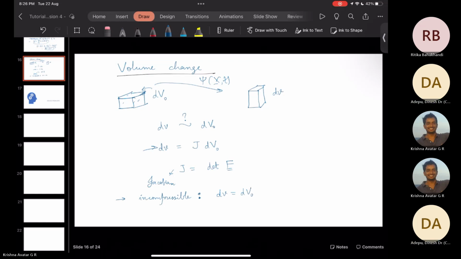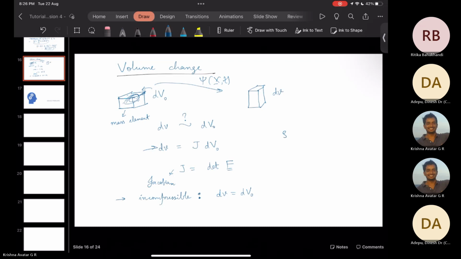Since you know that this is a material point, from a microscopic view, it's a mass element. So if the mass element retains its volume even after deformation, so it means that dV is equal to dV naught.